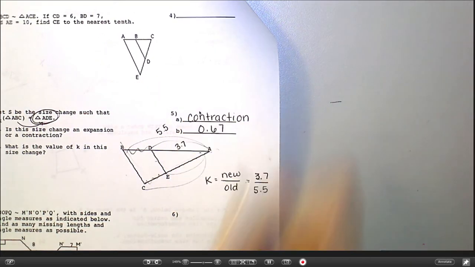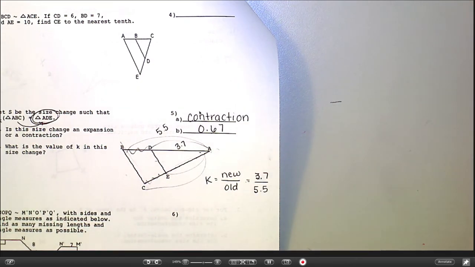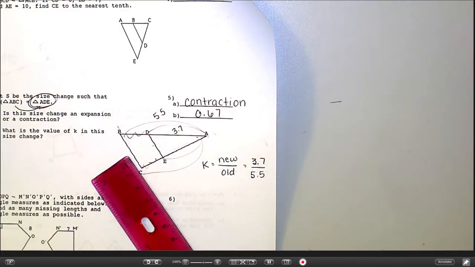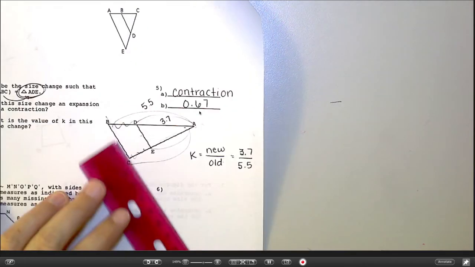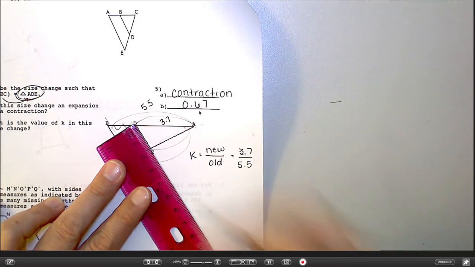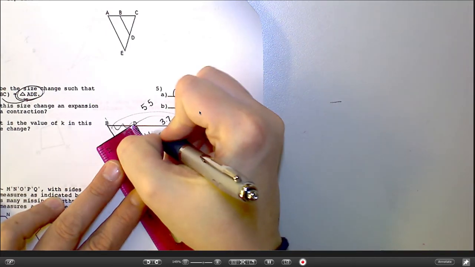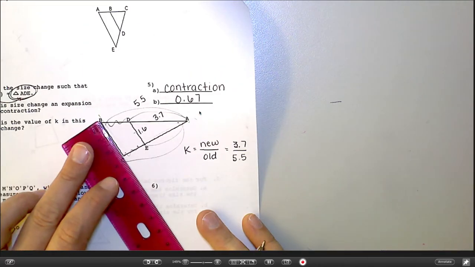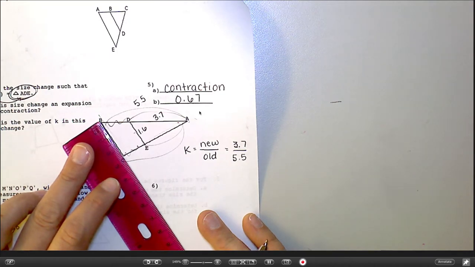And then what I would usually do is pick another one of those pairs to measure and just make sure it's coming out about the same. It might not be exact because there might be a little bit of error in measuring, but if I was to look at DE, that's like 1.7, 1.6 maybe. And BC is like 2.4.